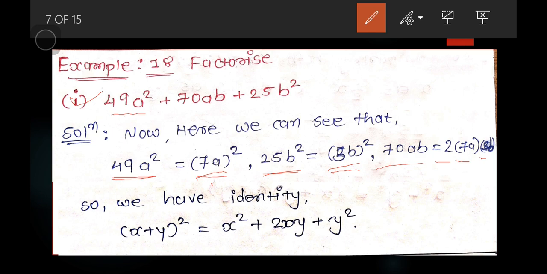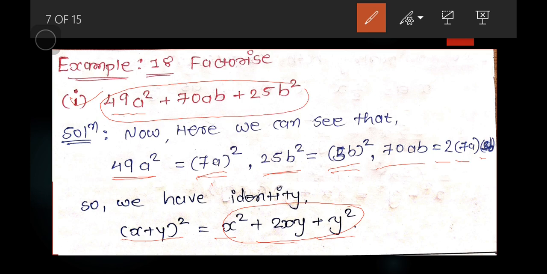So here we have the identity (x plus y) all square is equal to x square plus 2xy plus y square. For this you can see that this expression is similar to the given example. So we can factorize this expression as (x plus y) all square. So let us factorize the given example using this identity.